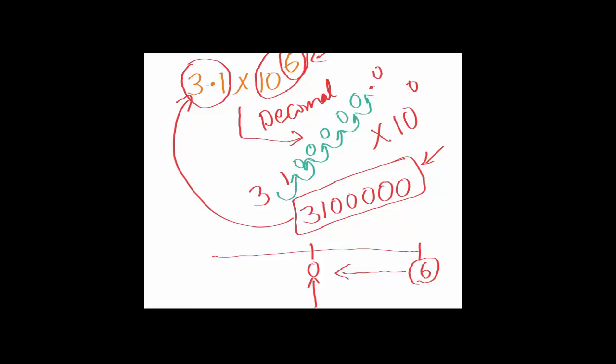Let me consider the same exact number, 3.1 times 10 power 6. But instead of a positive power of 10, I'm going to consider the negative power of 10 so that we will see how that makes the difference. So the number here is 3.1 times 10 power negative 6.